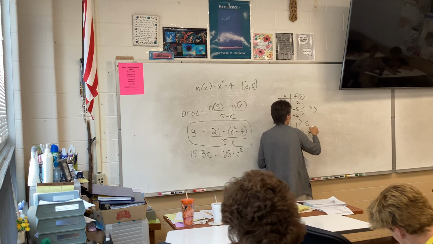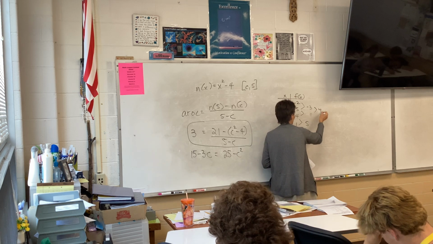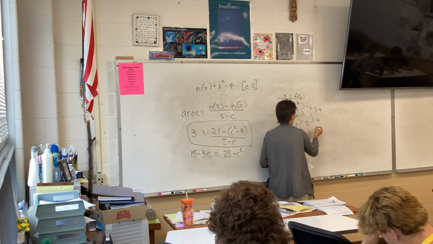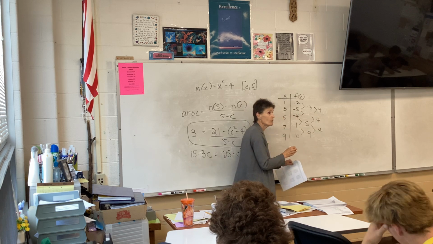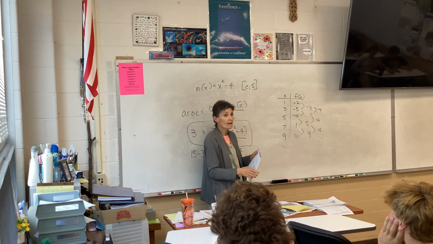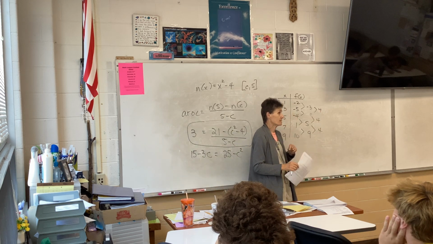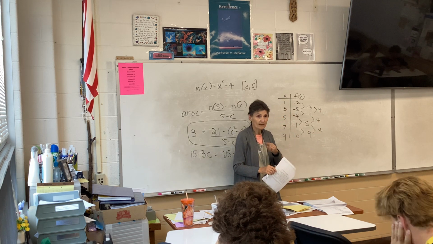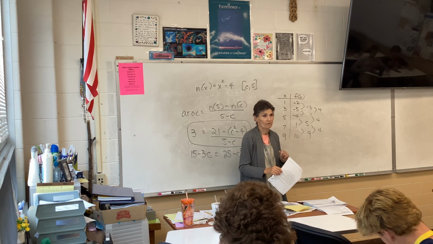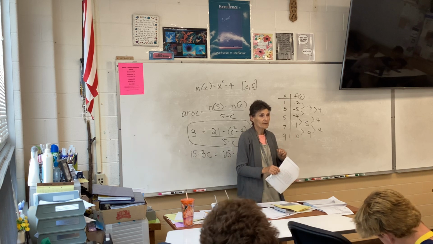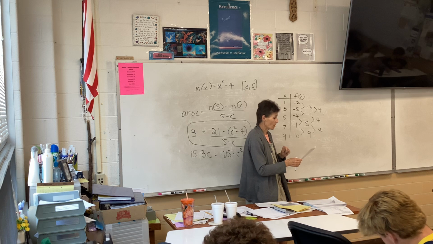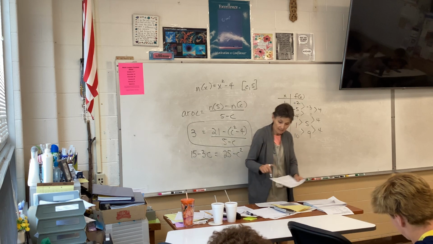Let's look at the second differences. This one's going up by 4, this one's going up by 4, and this one's going up by 4. What kind of a function has constant second differences? Quadratic. That is 100% quadratic function, because its second differences are constant.